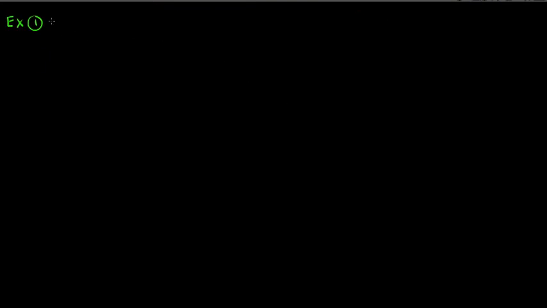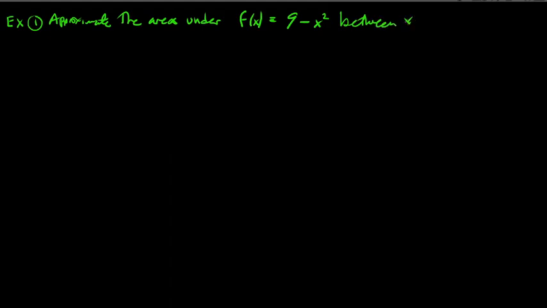So let's approximate the area under the curve. Let's make it f of x equals 9 minus x squared between 0 and 3. So between x equals 0 and x equals 3.